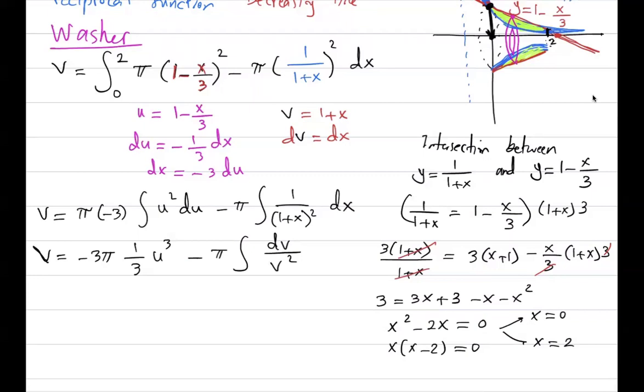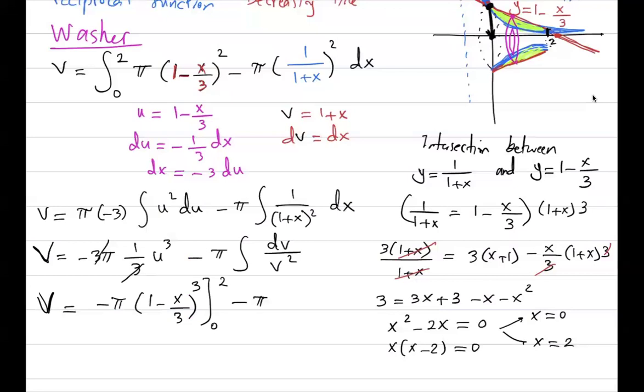So the volume is equal to negative 3, and you can cancel out 3 and 3, so we don't need 3 anymore. And instead of u, you can just use 1 minus x divided by 3, so minus pi times 1 minus x divided by 3 to the third power, x ranges between 0 to 2, minus pi.